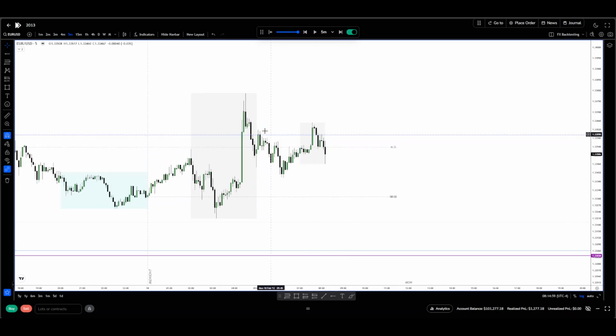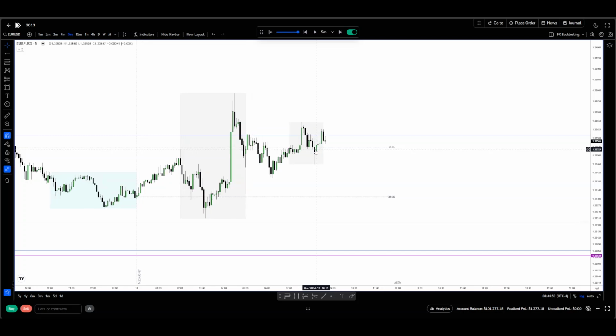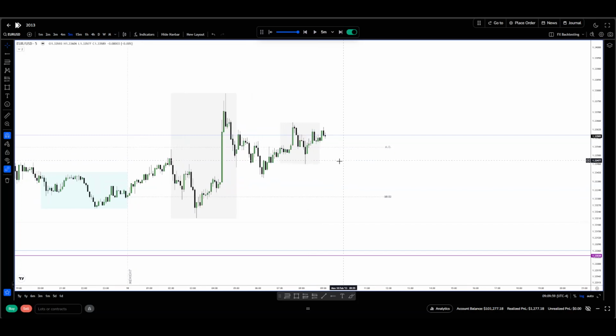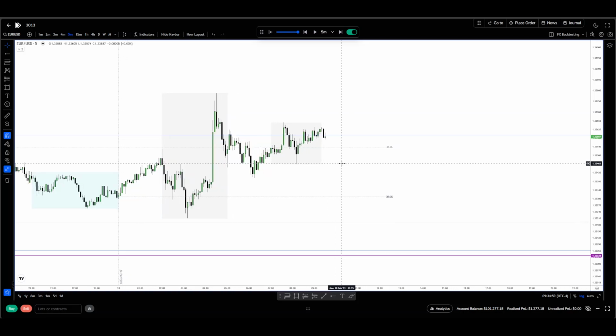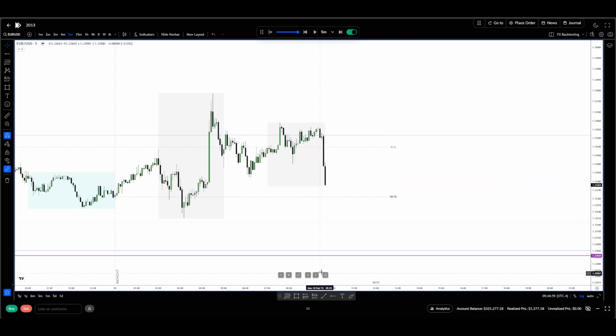Above the monthly opening price, so respecting this value gap, taking out this high, and also taking out this swing low now. But we're not with speed. I want to see speed, I want to see displacement, I want to see the elephant. And there's the elephant. That's a very big elephant. Not sure if we will tap into this.